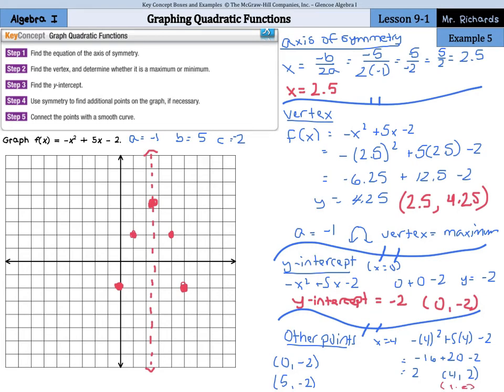And now that I have these points, I can draw in my curved parabola. Looks a little bit like this. And that is how I can graph a quadratic function using the axis of symmetry, vertex, y-intercept, and other points.